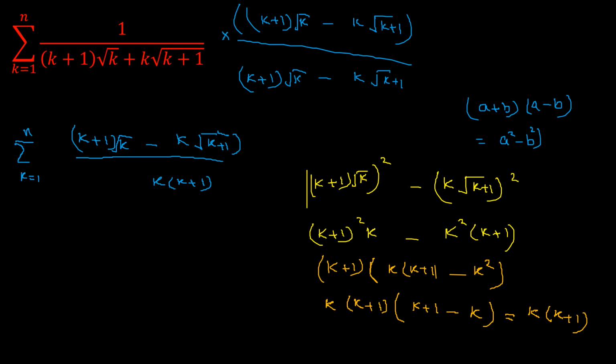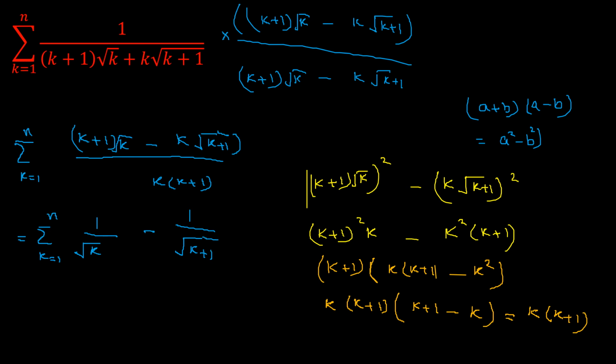If we divide, then k plus 1 cancels out in the first term, and we end up with 1 over square root of k, minus 1 over square root of k plus 1.